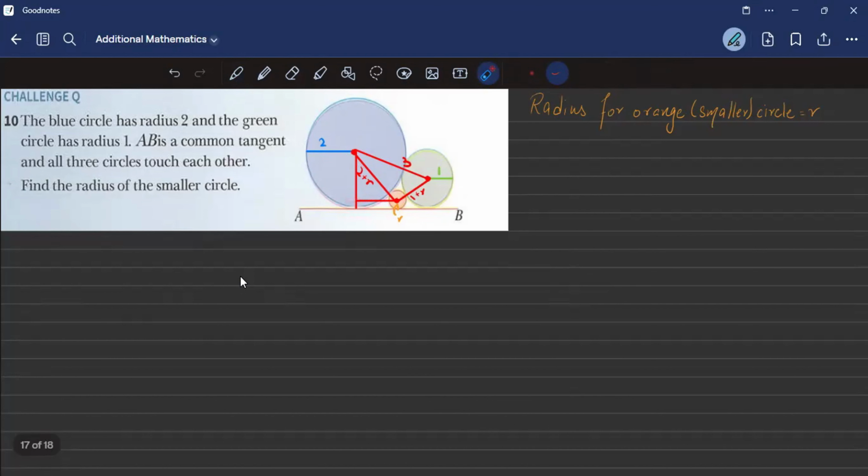And why is that? Because this whole part is equal to r, as we can see. This is the radius of the orange circle. So we're going to say that this is equal to 2 minus r, and that's because we're going to erase this part. Similarly, for the line residing in this one, we're going to do the same straight line.